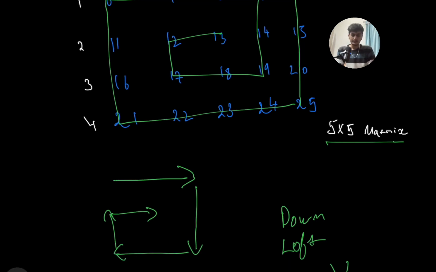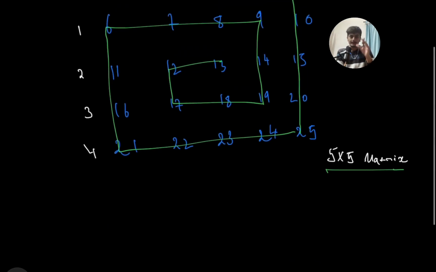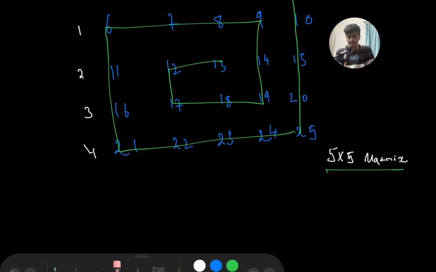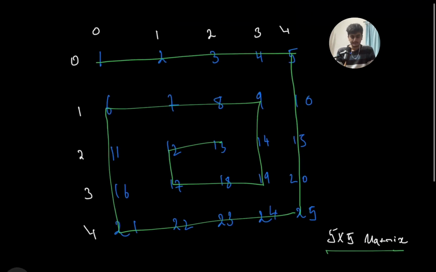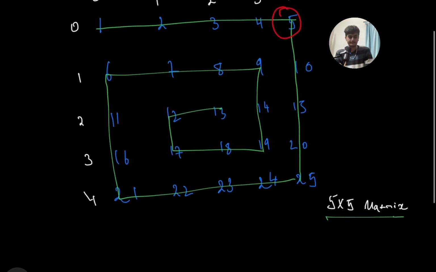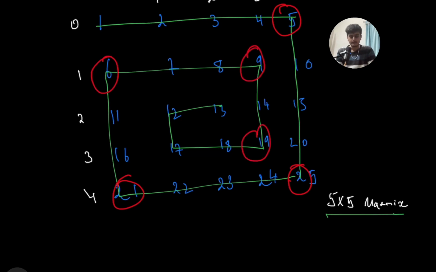Now the only thing to think about is, when are we changing the direction? Can you tell me? We are changing our direction as soon as we hit the boundary. But is it the only condition? We are changing our direction at this point too, this point too, here.